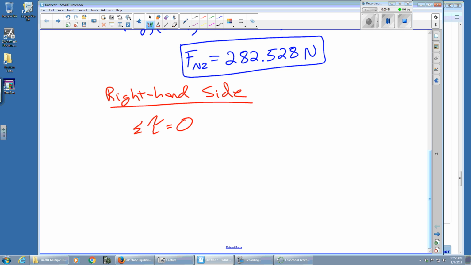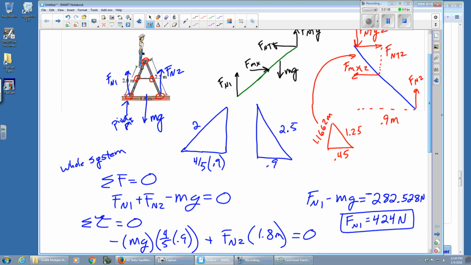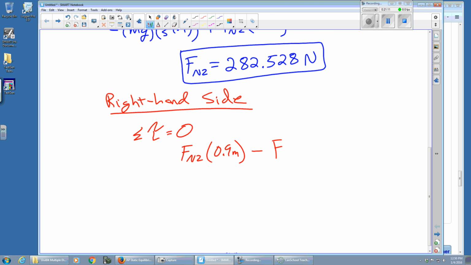So the counterclockwise torque is going to be Fn2 times 0.9 meters minus what did we call that force? Fmx times the 1.1662 meters equals 0. And I know my force normal 2, it's right above there.